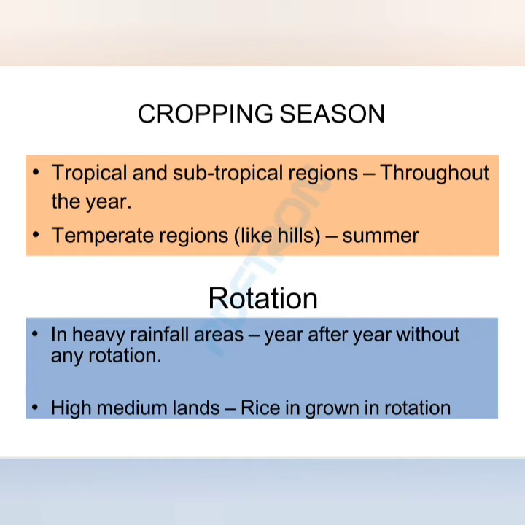It has been observed that rotation with leguminous crops increases the fertility of the soil, thus reducing the cost of cultivation. Why? Because if the soil is very fertile, you don't need to add so much fertilizer.